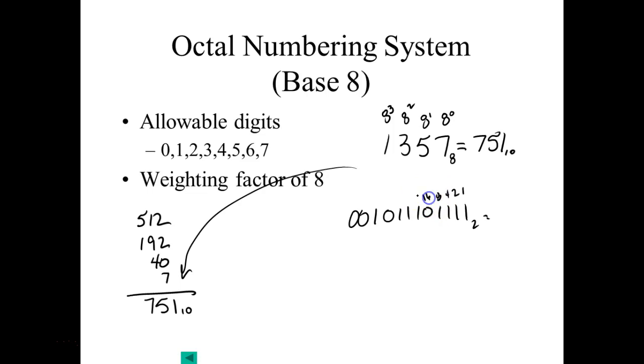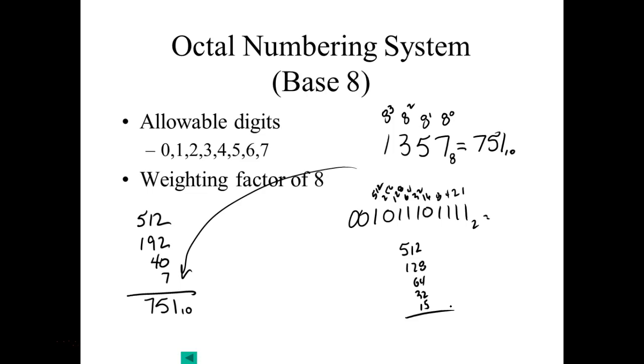4, 8, 16, 32, 64, 128, 256, 512. Okay, so I'm going to come up here and add 512 plus 128 plus 64 plus 32 plus 15, which is 8 plus 4 plus 2. Add those up and see what you come up with.